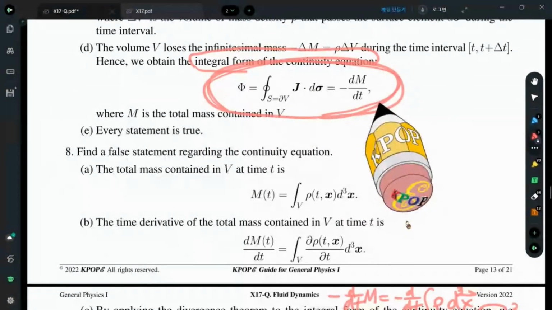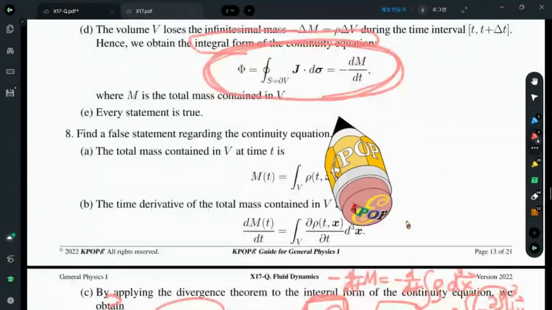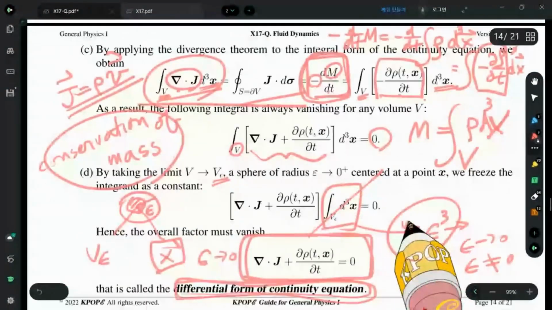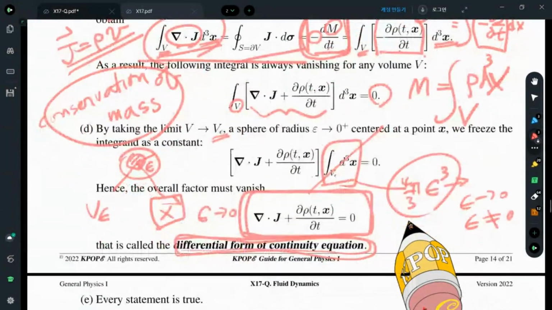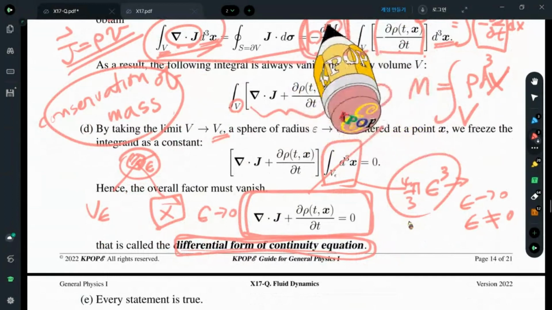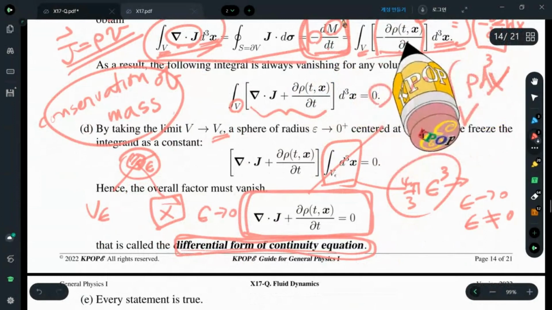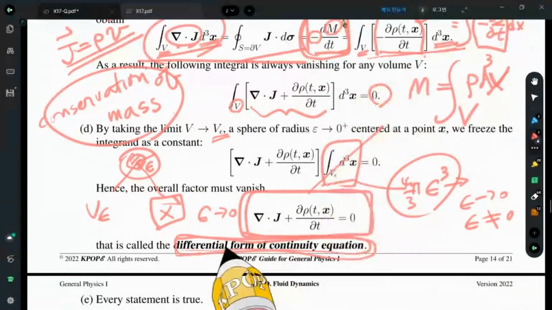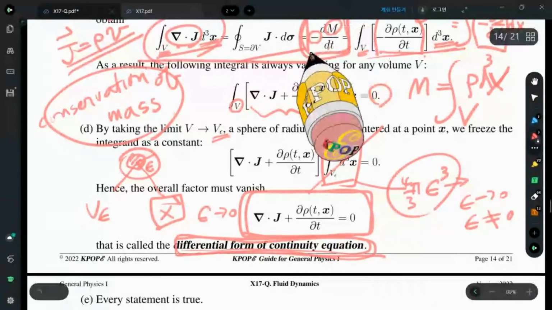That is the consequence of mass conservation. And by making use of the divergence theorem, I have replaced the mass as a volume integral, so we derive the differential form of the continuity equation. It is a very, very important formula.